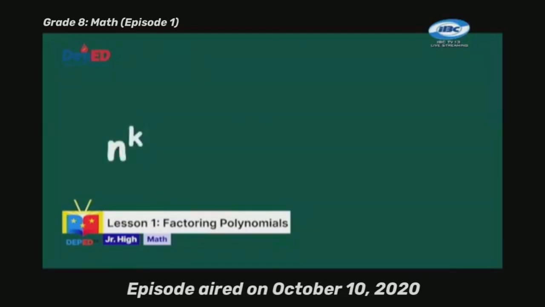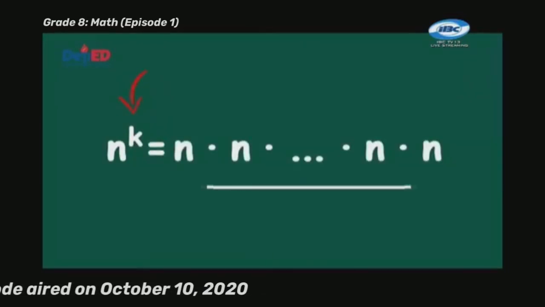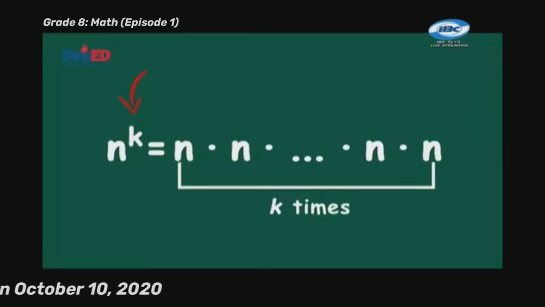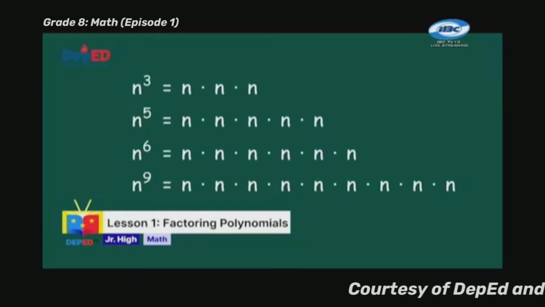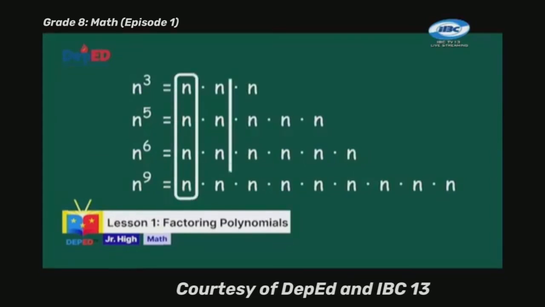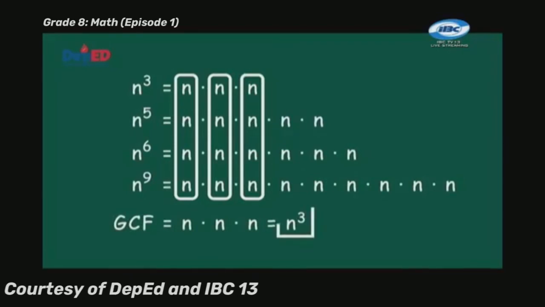It means that n raised to an exponent k means n is multiplied to itself k times based on the given exponent. So n cubed is n times n times n. Same goes to the expression n raised to 5. It is equivalent to the product of n written 5 times. Also with the other expressions. What did you observe? How many n is common in the factors? The greatest common factor is n cubed or n raised to 3 from n times n times n.